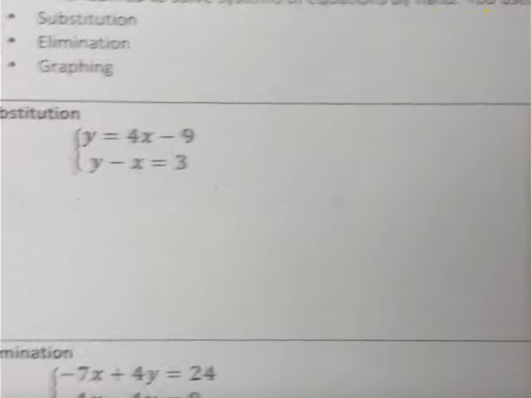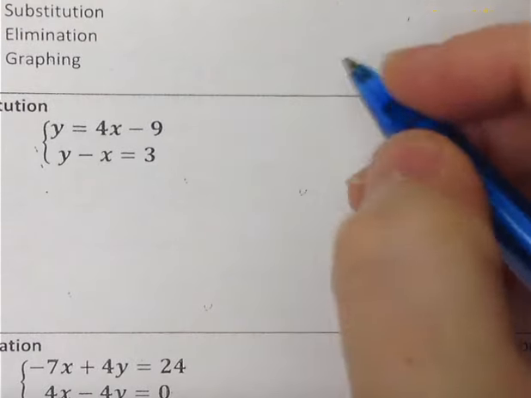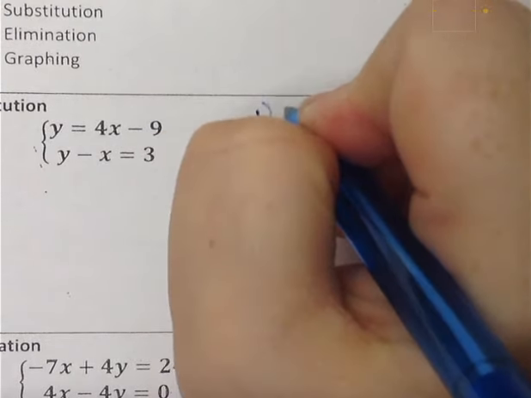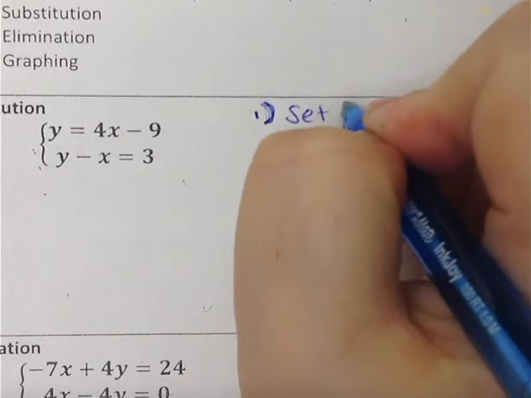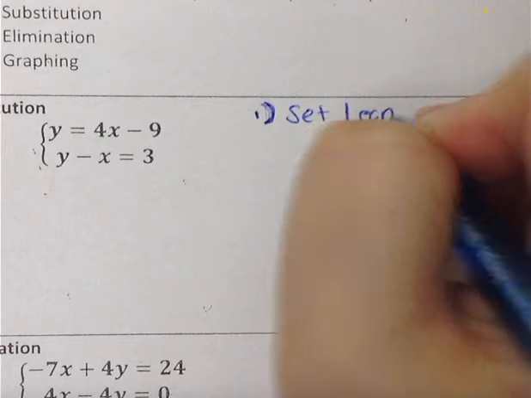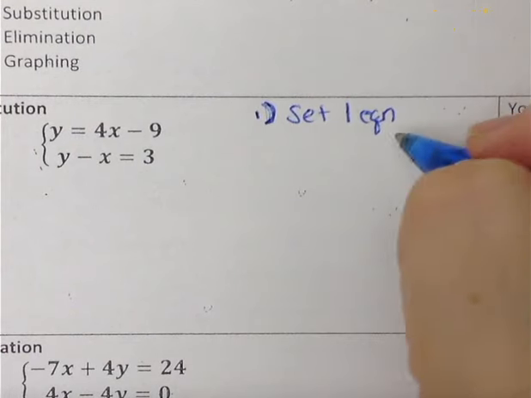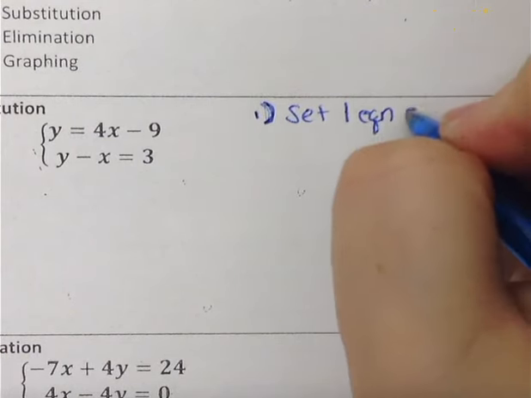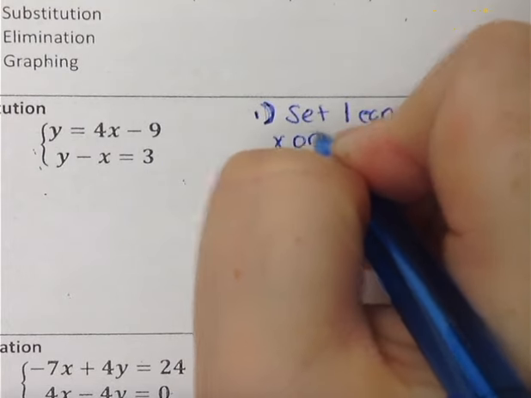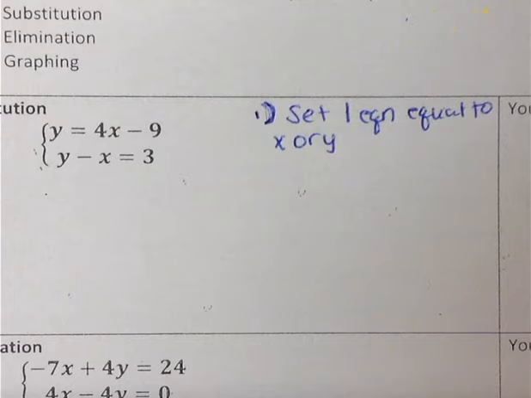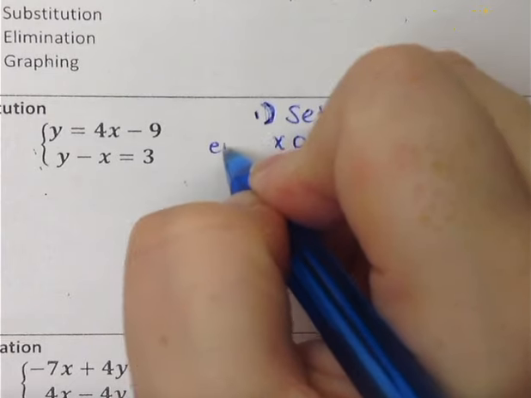So I'm going to write out the steps that I was just mentioning. Step one is to set one equation equal to x or y. It does not matter, either x or y.